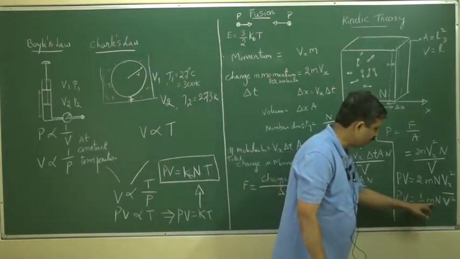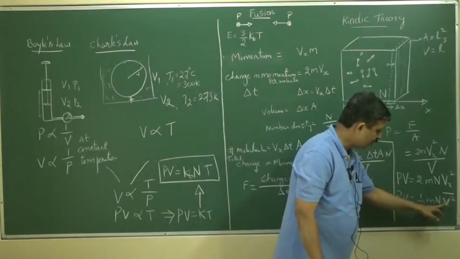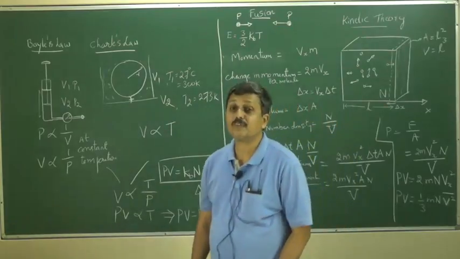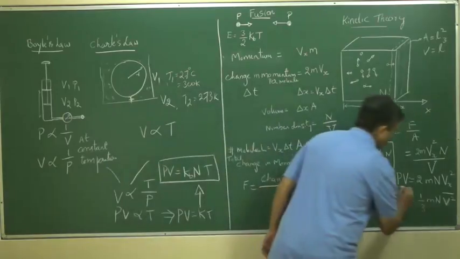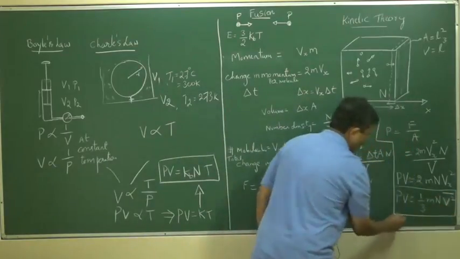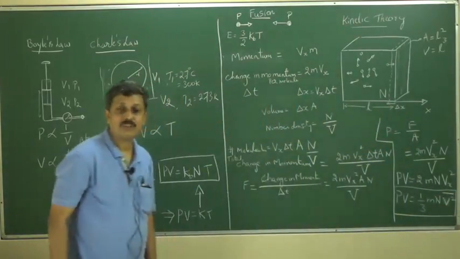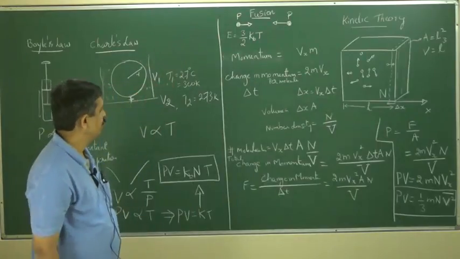However, PV is equal to 1 by 3 mN average V square is our PV we got. So you now see there are two different equations for PV, and these two are going to give us finally whatever we want.